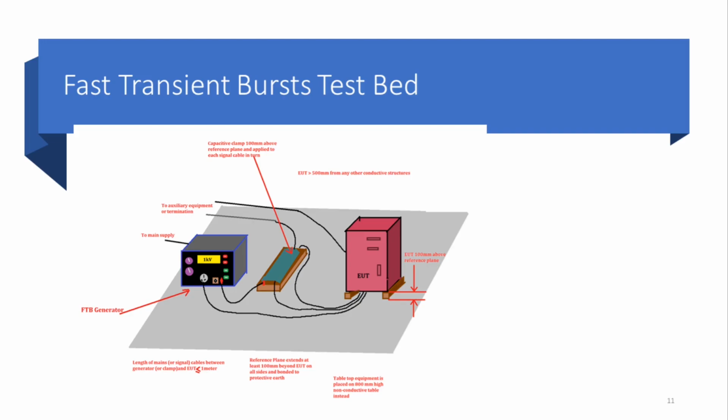Layout aspects which must be observed are as follows: the coupling of the EUT and generator to the ground plane. You cannot perform a compliant FTB test without a ground plane. It must be at least 1 meter square and should extend beyond the equipment under test, here by at least 10 centimeters all around.